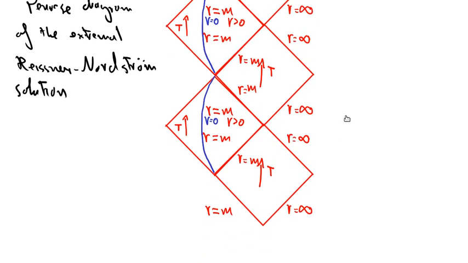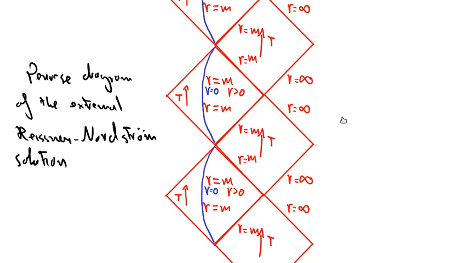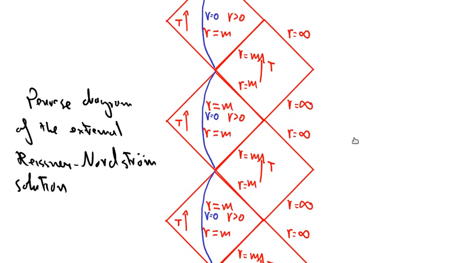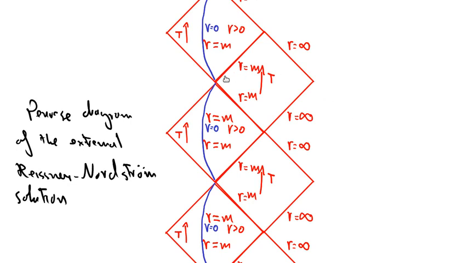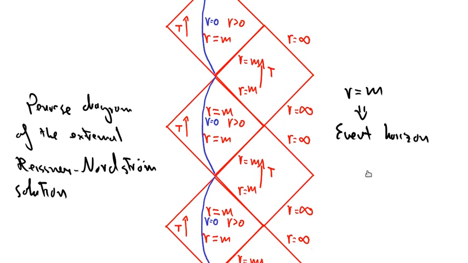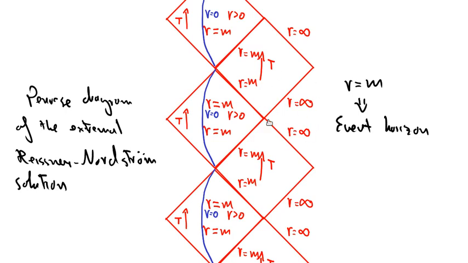Okay. Well, I would only like to mention here that we no longer have a Cauchy horizon. Now here R equal to M corresponds to an event horizon. Well, this is clear from this diagram if you remember the considerations which we did in the non-extremal case.